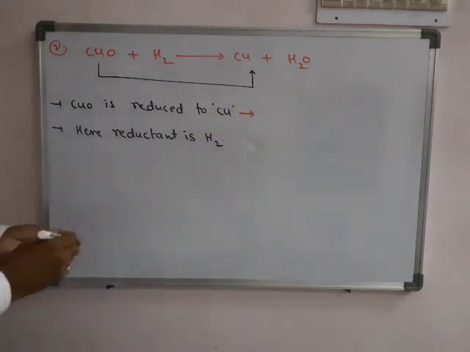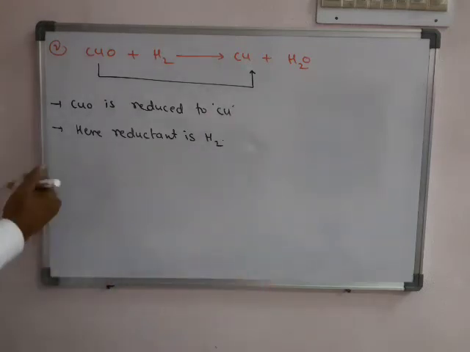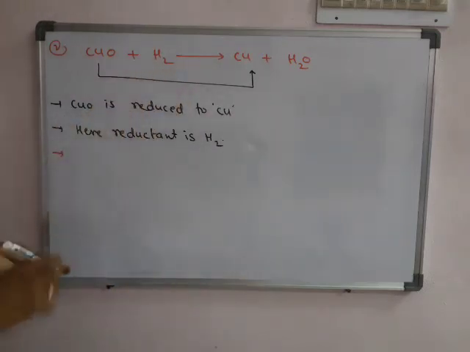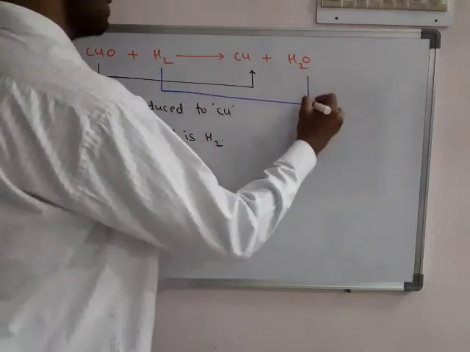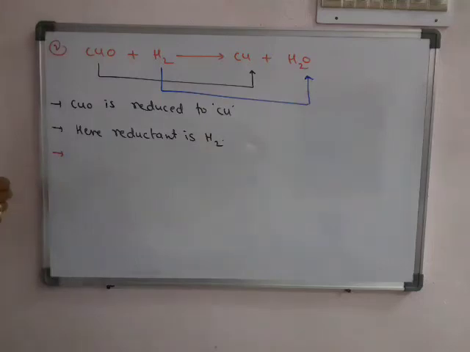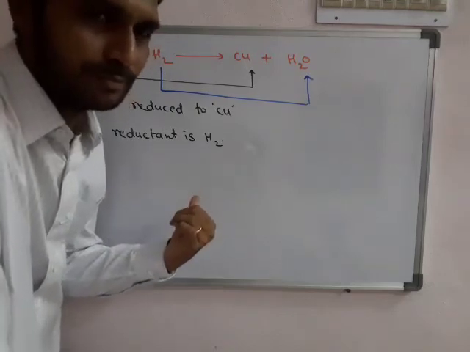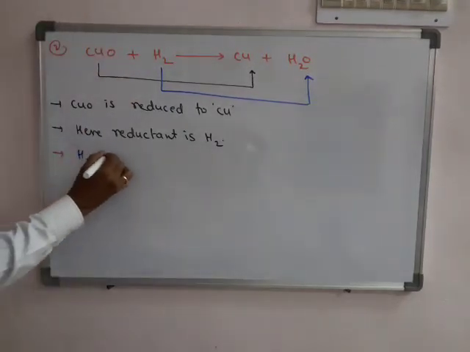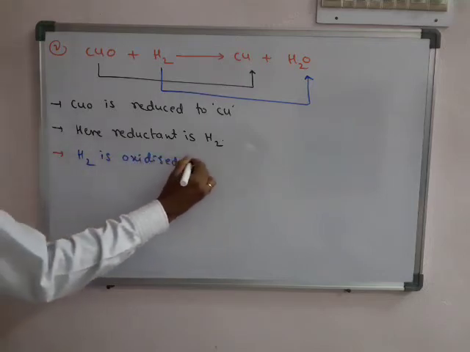See here, write separately, don't get confused. Here H2 becomes H2O. So the gaining of oxygen takes place. The H2 gained oxygen from copper oxide, which means H2 is oxidized. Oxidized to which compound?